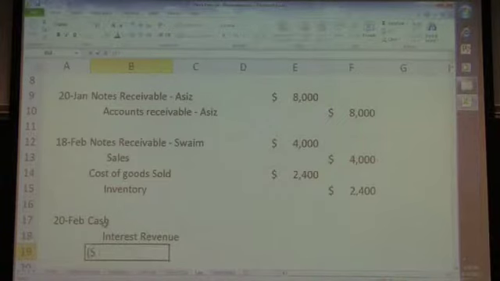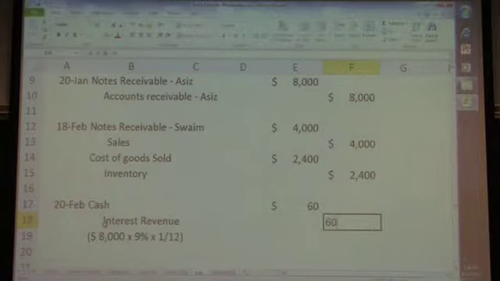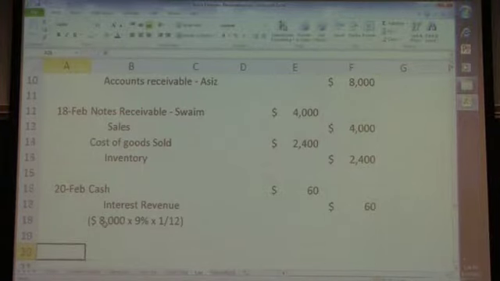So you would take $8,000, which is the notes receivable outstanding, and the interest rate is 9%, and it's based on 1 month because they are paid monthly. So the amount that would be accounted for is $60. So let's move on to March 20th, which is the next transaction here.